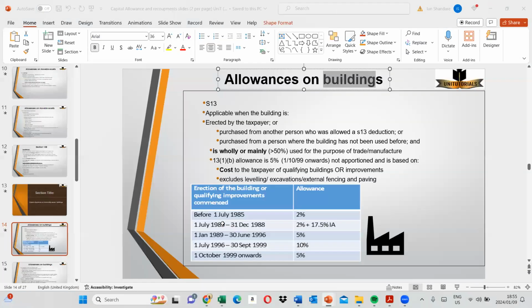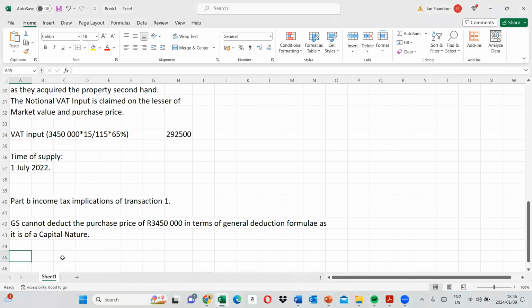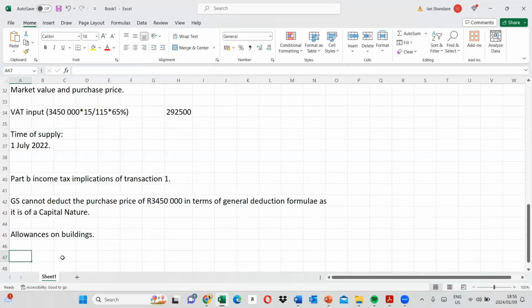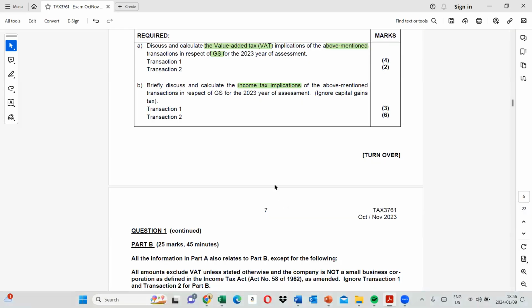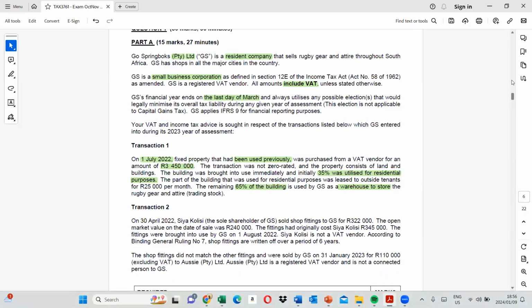Right. Now, we want to look at the allowances on building. We have two allowances. The building was a little bit tricky. It wasn't really an easy part, if you want to put it that way.